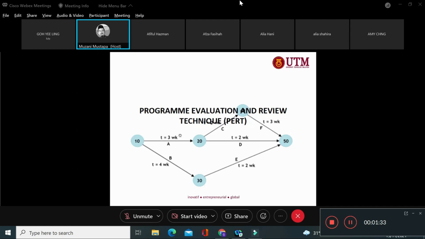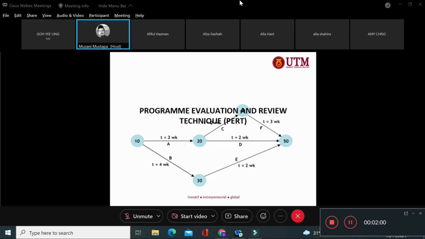And then we have the time scale for each activity, where T stands for time: 3 weeks, then for C 1 week, 3 weeks, 2 weeks, 4 weeks and 2 weeks. All the numbers here represent weeks, not the actual length.